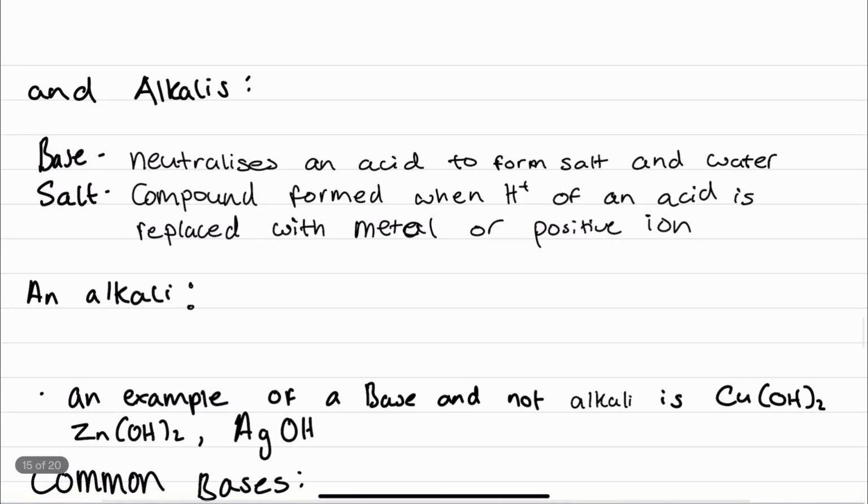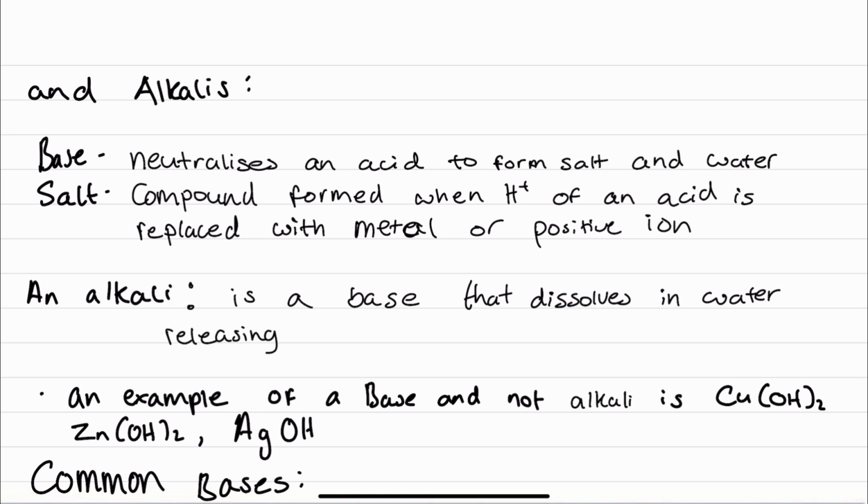An alkali is a base that dissolves in water, releasing OH minus ions. An example is sodium hydroxide, NaOH, as a solid, plus any aqueous solution, forming Na plus OH minus.